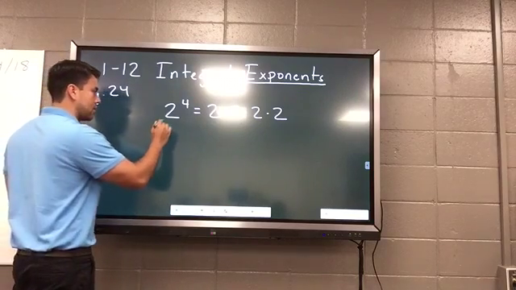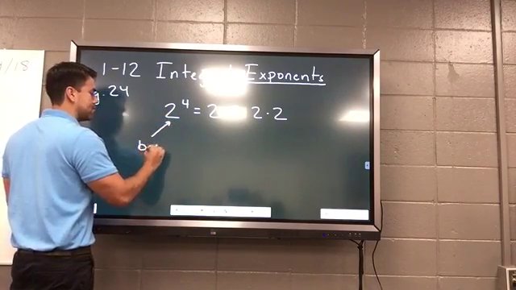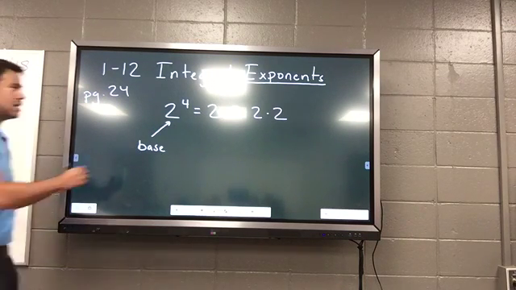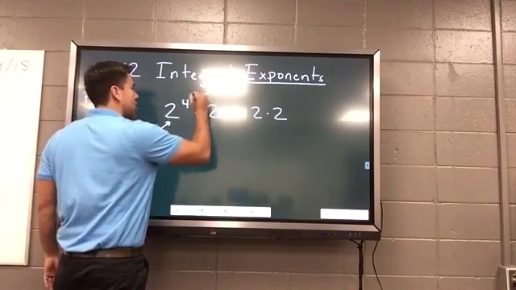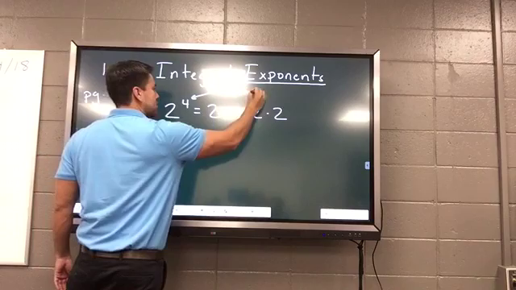Okay, and this is what I wanted to get. Some key words here. This big 2 is called the base of this expression. So of 2 to the 4th power, 2, the big number, is called the base. And I'm going to refer to that a lot, so please remember what the base is. The 4, that little number to the top right, is called an exponent.